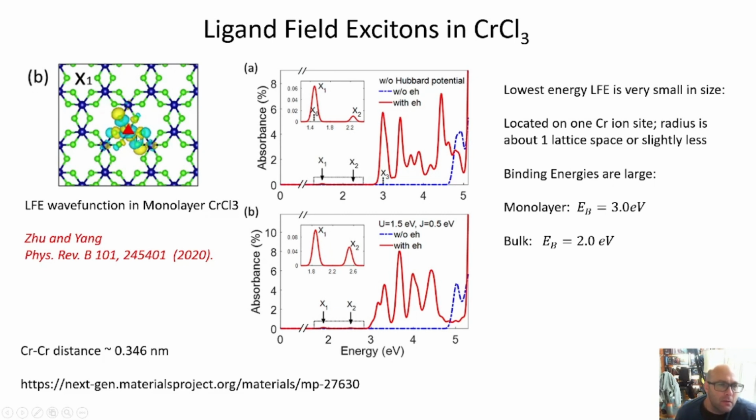What you can see is that the ligand field exciton wave function is mostly localized on this central chromium cation. It extends somewhat anisotropically in a couple of directions, but the typical size is of order 1 lattice spacing. So it's fairly small.